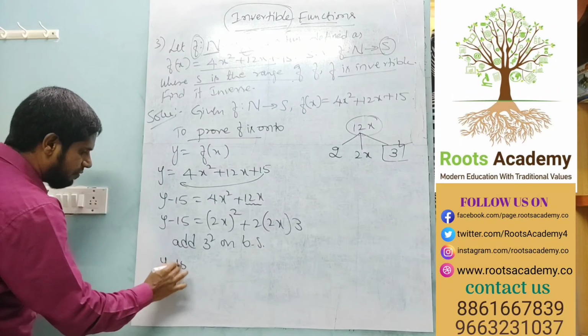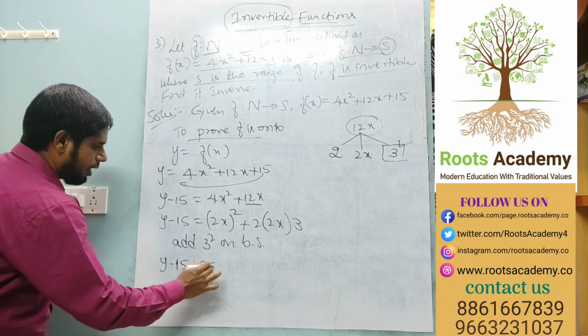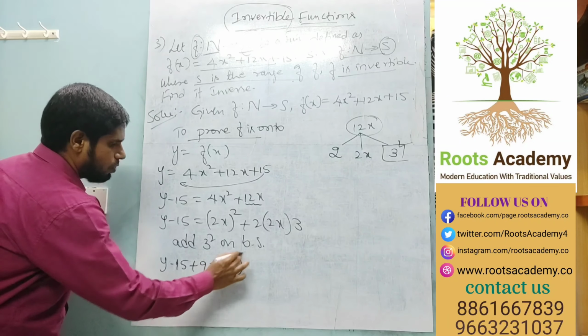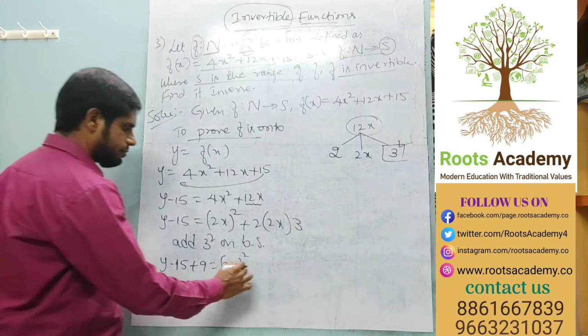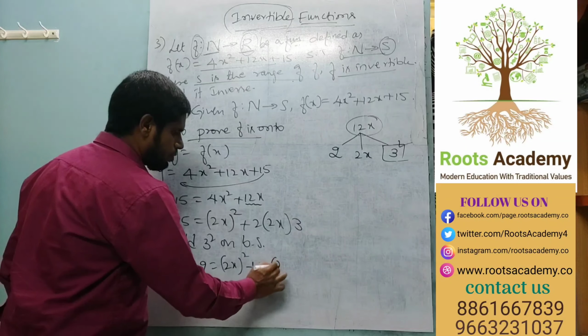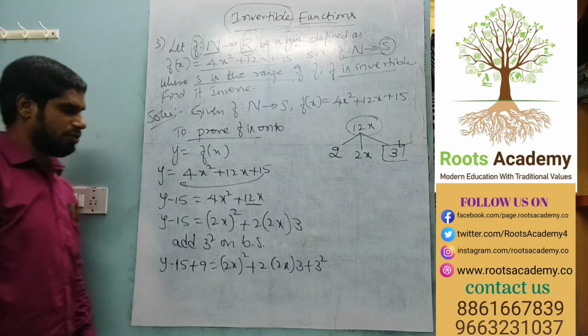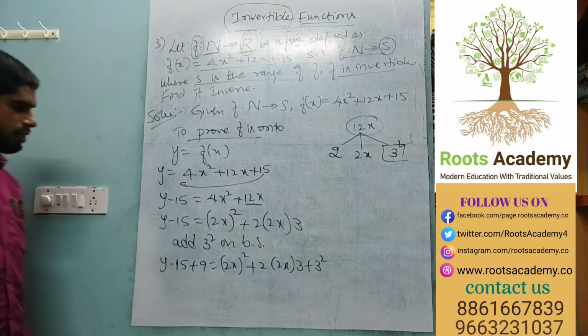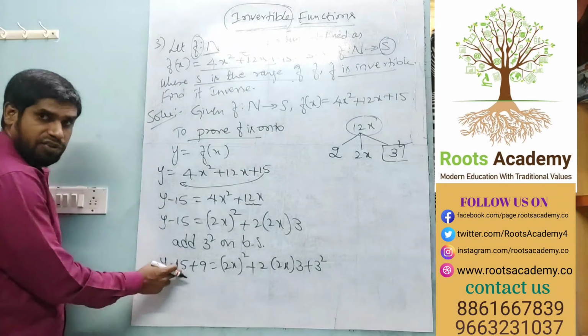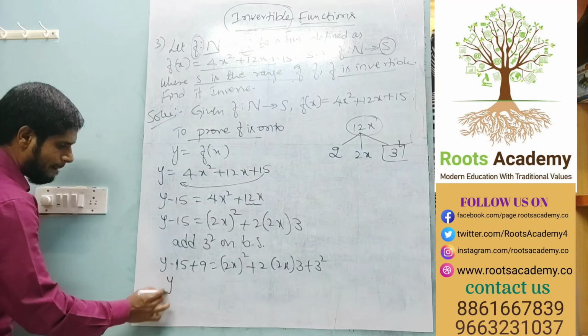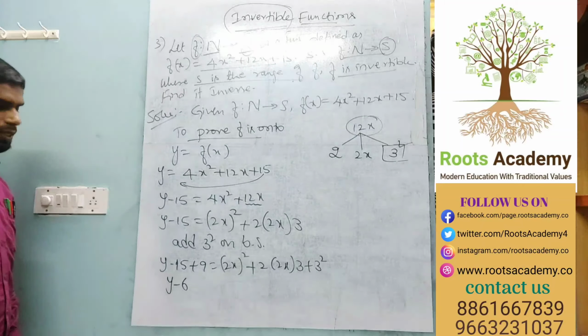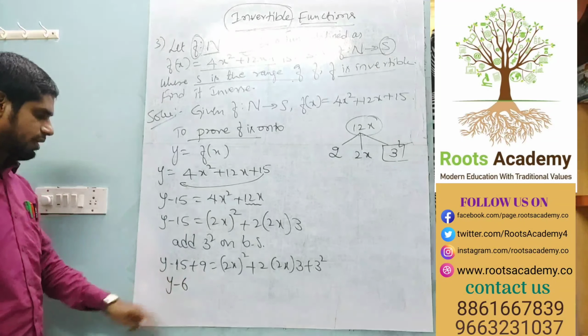Y minus 15 plus 9 is equals to 2x square plus 2 into 2x into 3 plus 3 square, or you can write 9, no problem, both are same. So minus 15 plus 9 is minus 6.